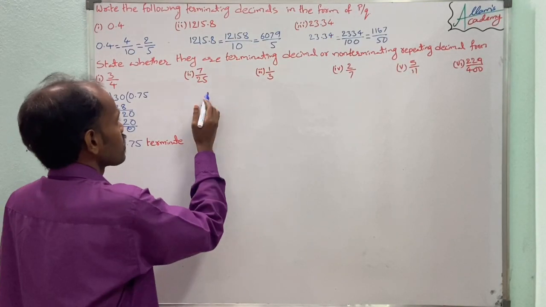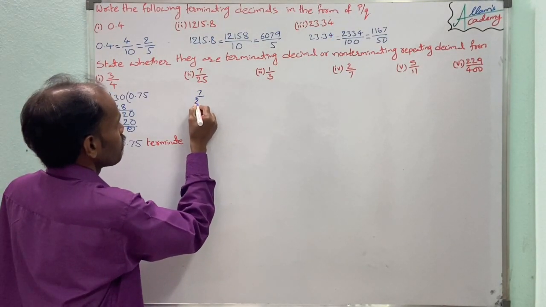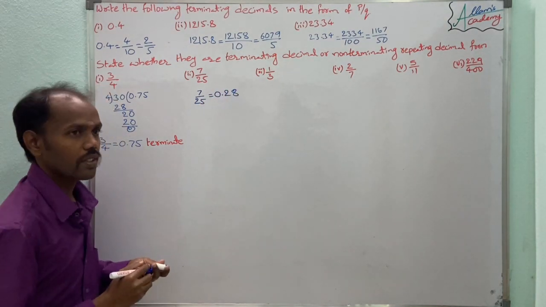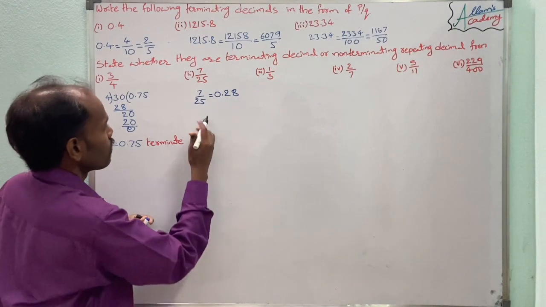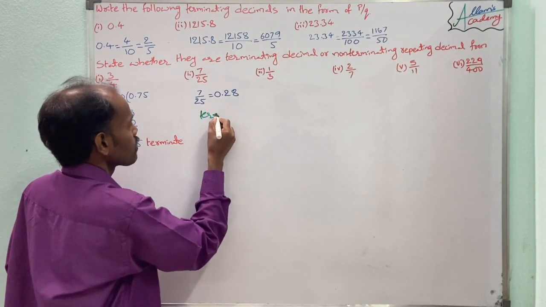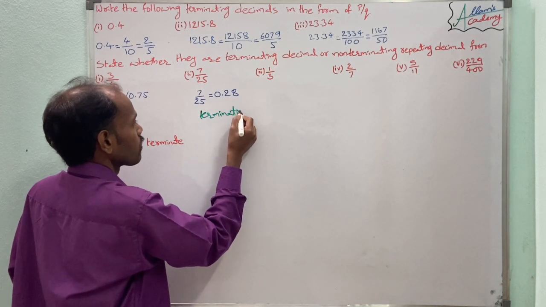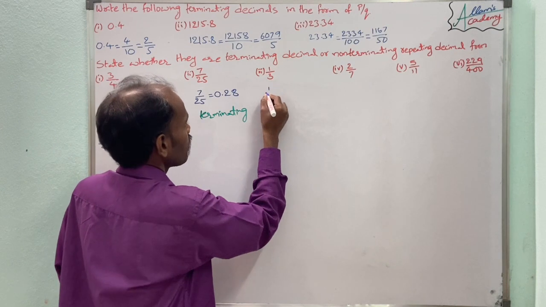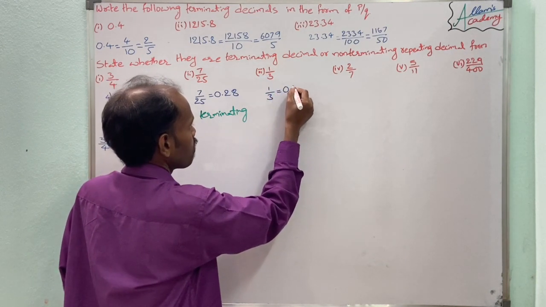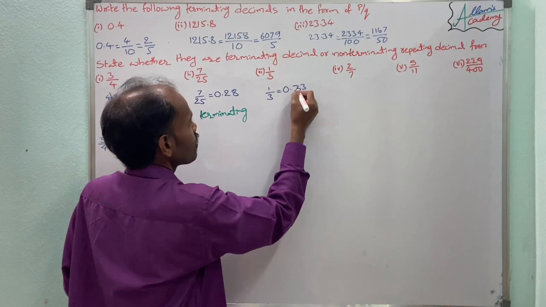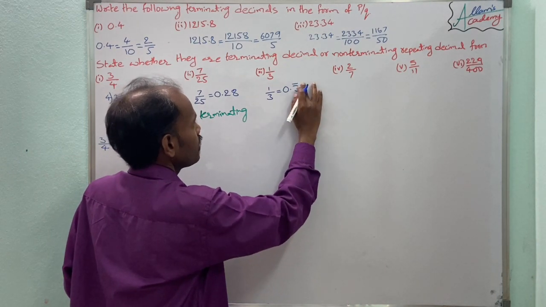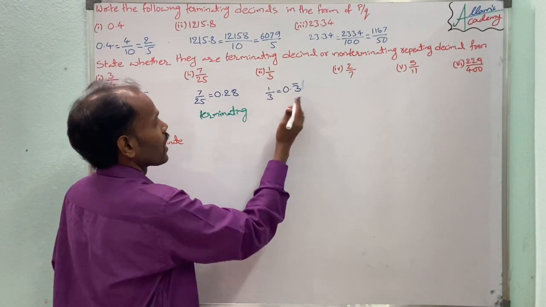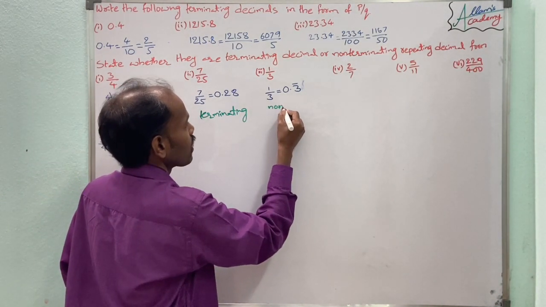In the same manner we will see some problems. If we simplify 7 by 25, it equals 0.28. After 2 digits it ends, so it is a terminating decimal. Next, 1 by 3 can be expressed as 0.3333, so we say it is 0.3 bar, a non-terminating repeating decimal.